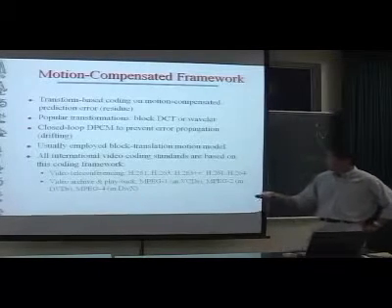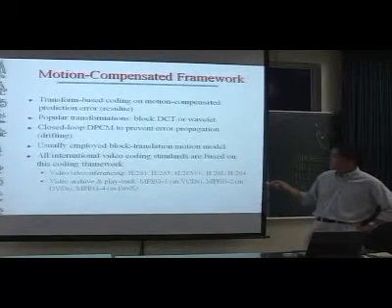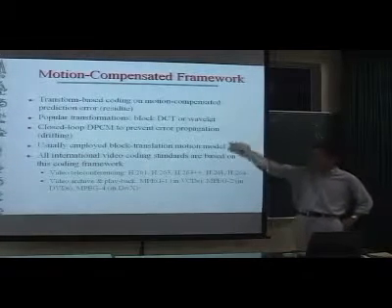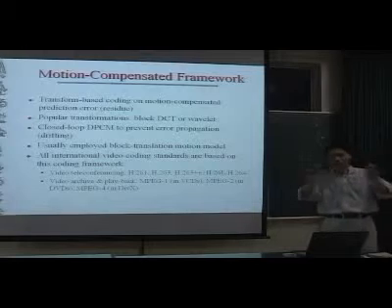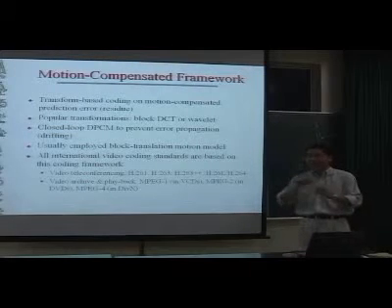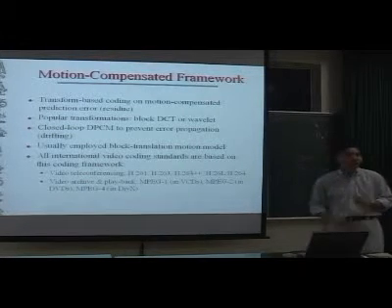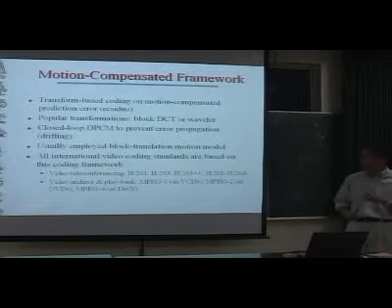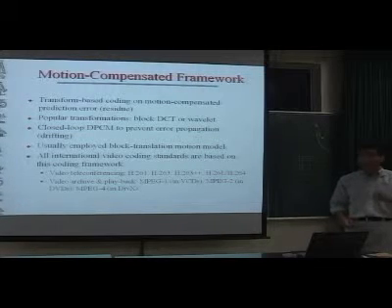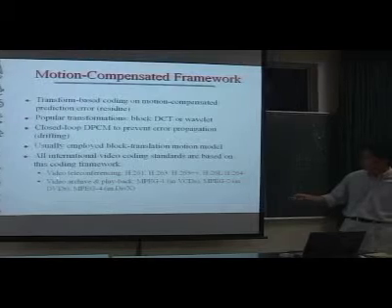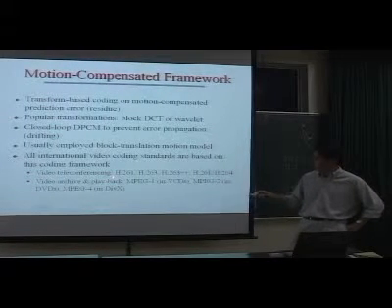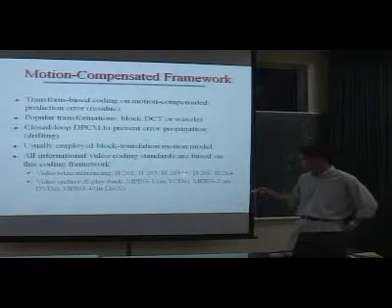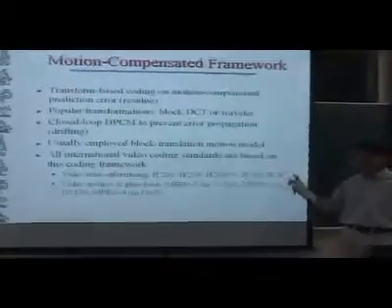Okay? So all international video coding standards are actually based on this coding framework right here. They all look like this with small details. The difference between them is actually very small. The improvement is not a significant jump of any kind. So we have video teleconferencing standards like H.261, H.263, 263 plus, 263 plus plus, and then finally H.264, which is the latest right now.